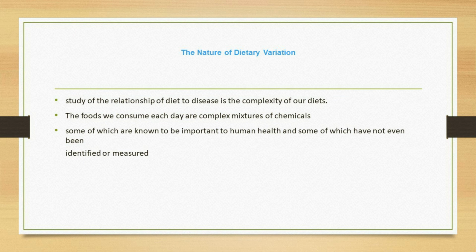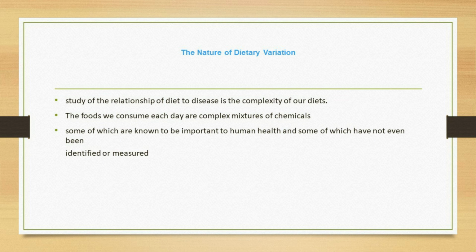One challenge to the study of the relationship of diet to disease is the complexity of our diets. The foods we consume each day are complex mixtures of chemicals, some of which are known to be very important to human health, and some of which have not even been identified or measured.